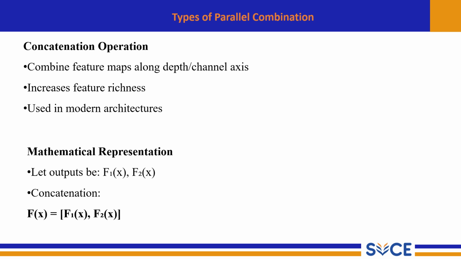Mathematically, if we have outputs f1 of x and f2 of x from two branches, the concatenated output is simply f of x equals the concatenation of f1 of x and f2 of x. This notation shows that the feature maps are joined channel-wise into a single richer representation.